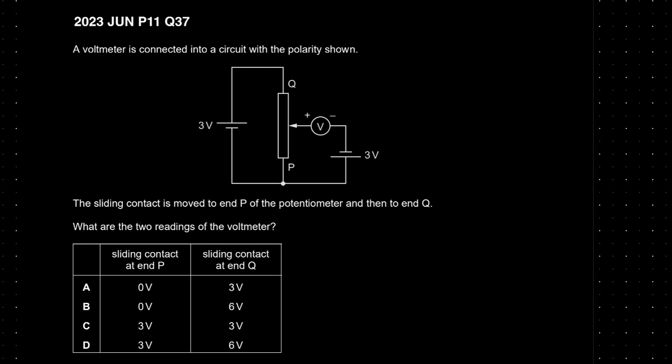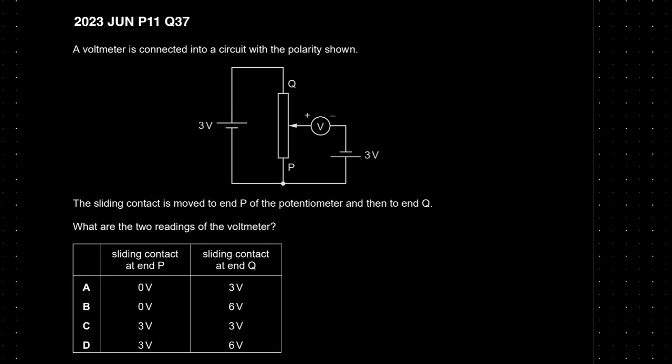A voltmeter is connected into a circuit with the polarity shown. The sliding contact is moved to end P of the potentiometer and then to end Q. What are the two readings of the voltmeter? So if the sliding contact of this is at point P, what is the reading going to be in that case?